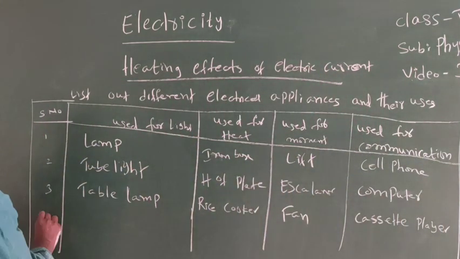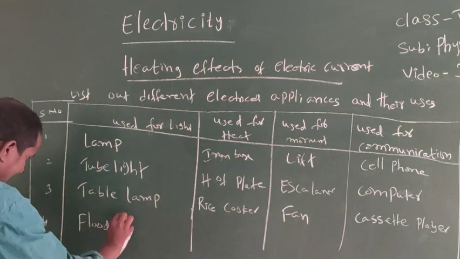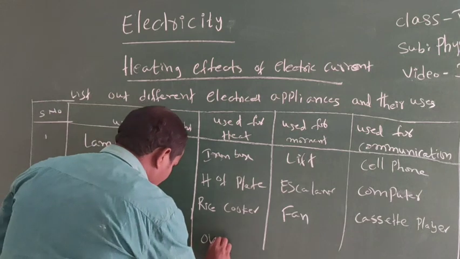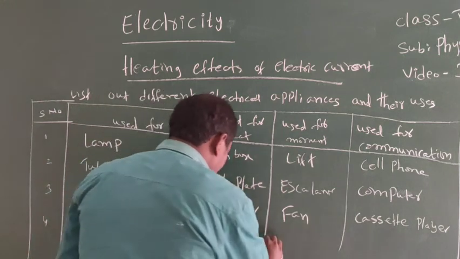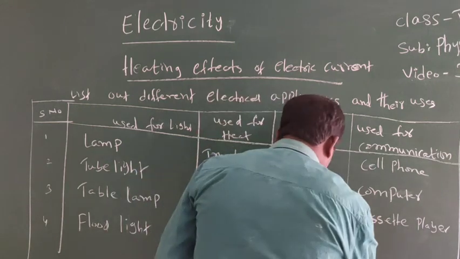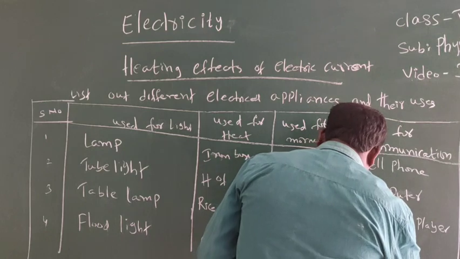Okay. Fourth one, floodlight, oven, pump, data card.